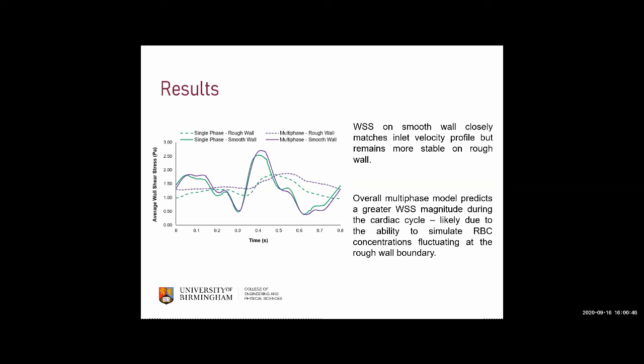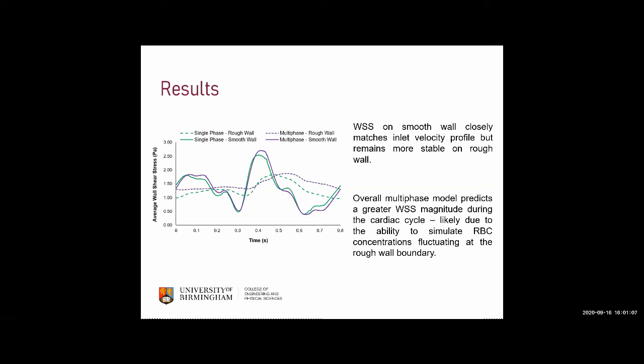Then in terms of our approaches to modeling blood, our simple single phase model is actually in quite close agreement, at least on the smooth wall, during the entire cycle. So there isn't a big difference between our two techniques here, probably showing that the single phase model is doing a pretty good job given how simple it is.